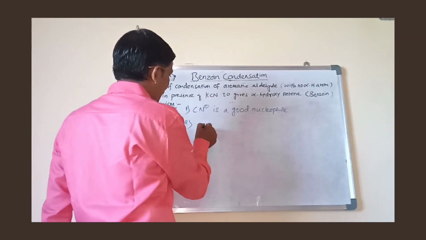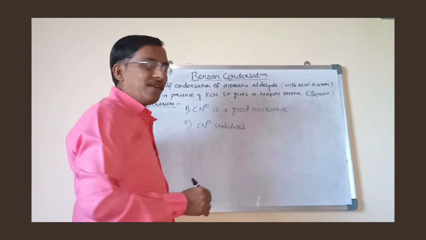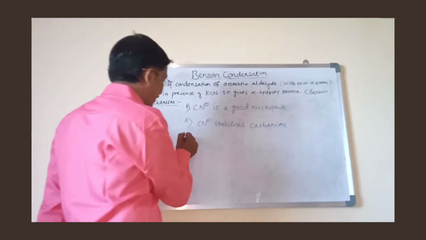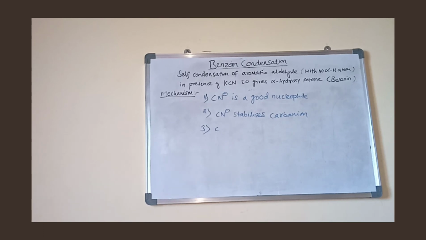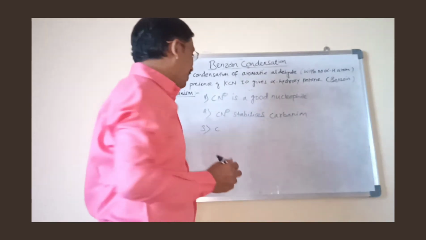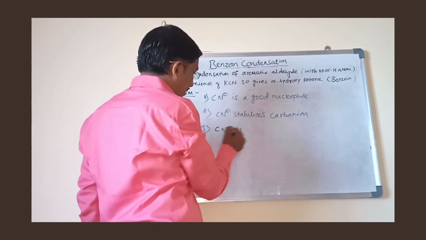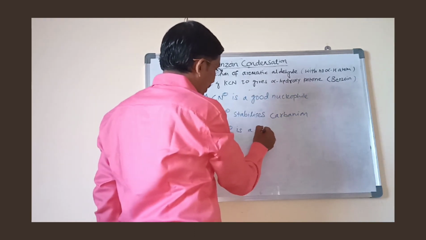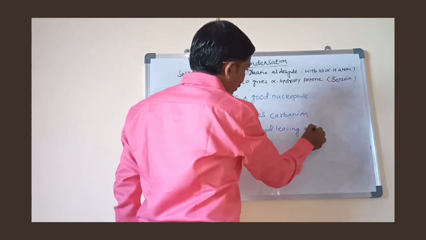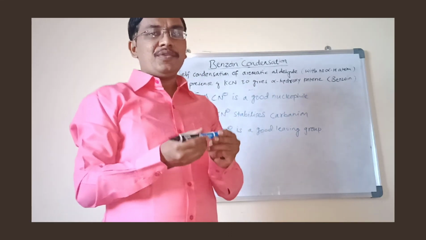Secondly, CN minus stabilizes the carbanion. And the last one, CN minus is a good leaving group. Due to these three reasons, cyanide is used in this reaction. Okay, we'll stop here.